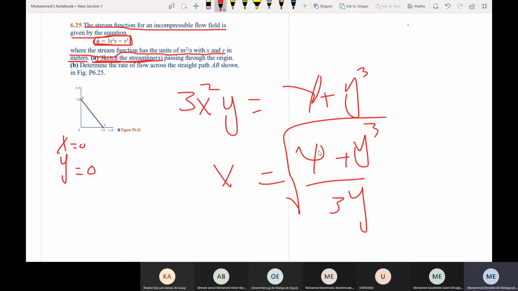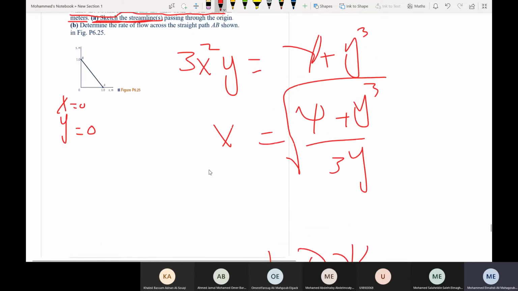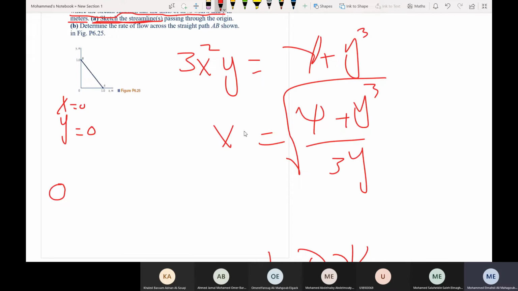How can I implement that here? When I have x equal to 0, I need the other side also to be equal to 0. And y is also equal to 0. Because if I have a fraction and its value must be zero, it means the numerator of the fraction should be 0.